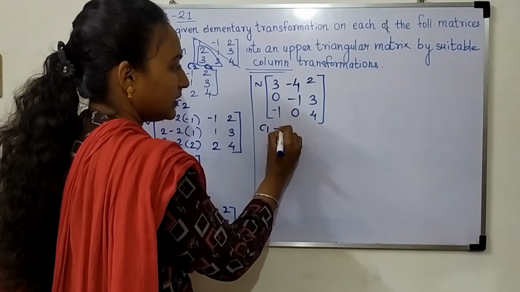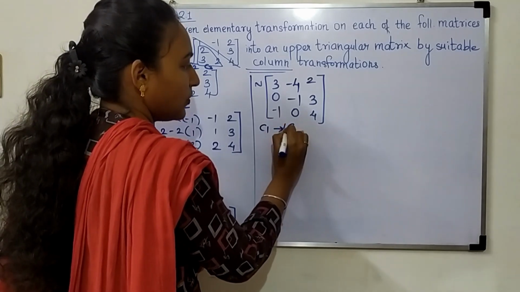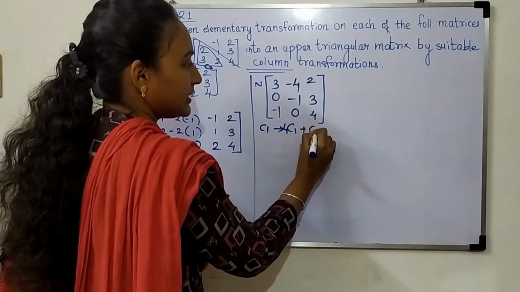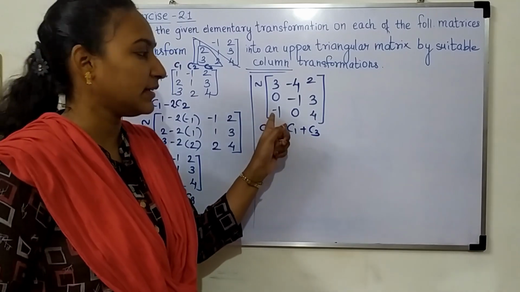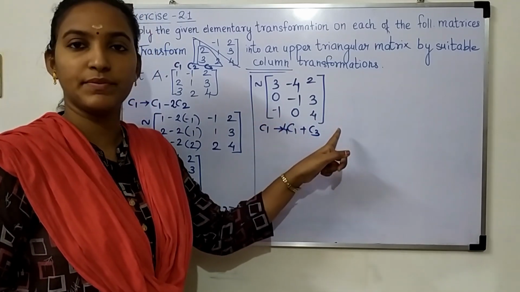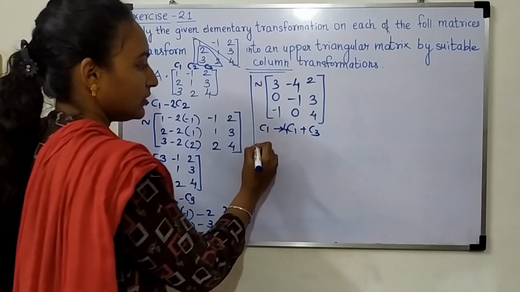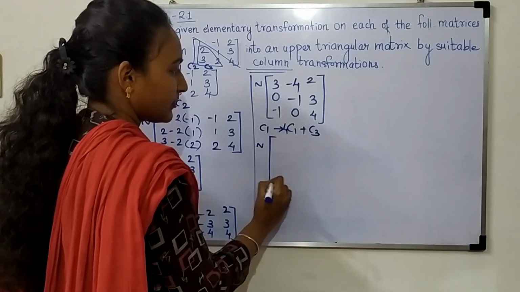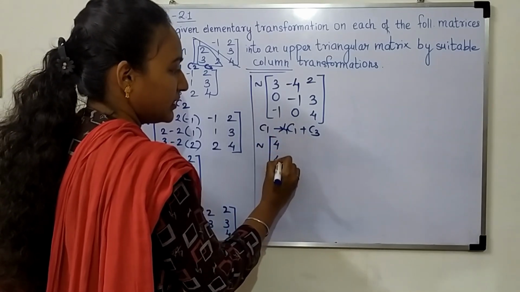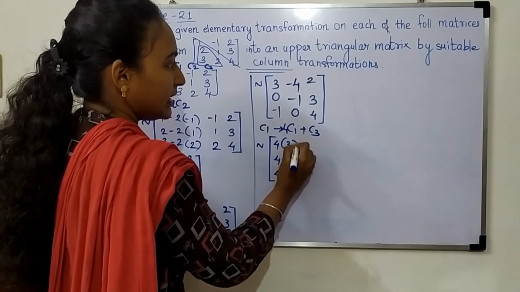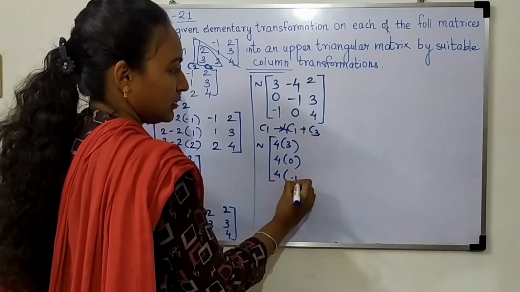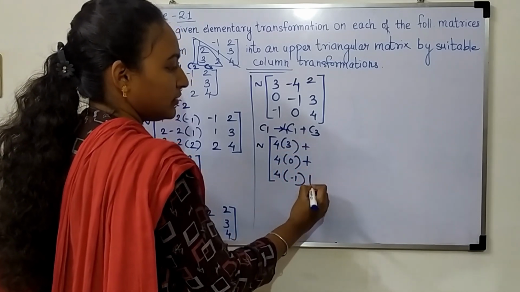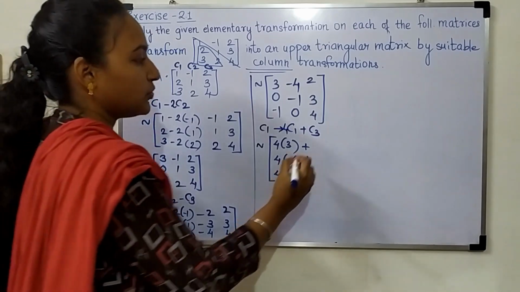Take C1: 4C1 plus C3. If you multiply this minus 1 with 4 and add it with 4, you will get 0. Let us simplify this. So we have 4 first, then your C1, then addition, then C3, that is 2, 3, 4.